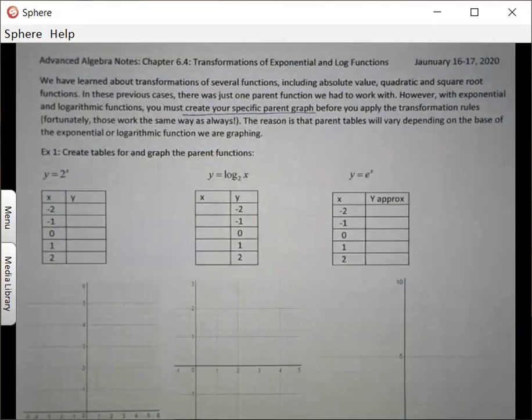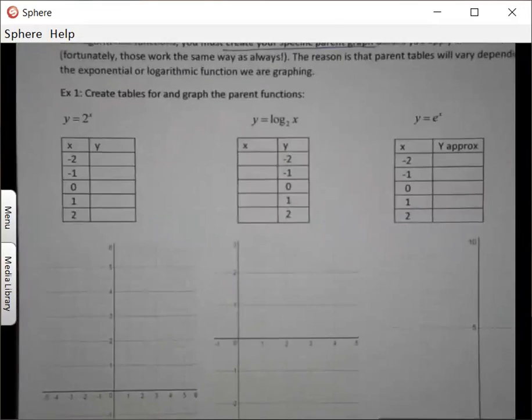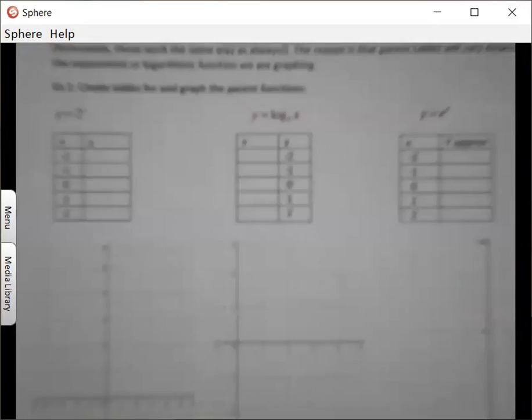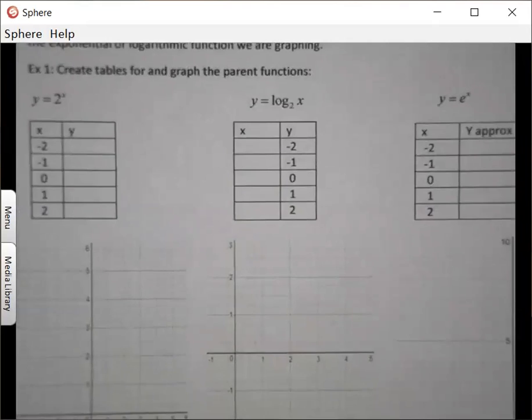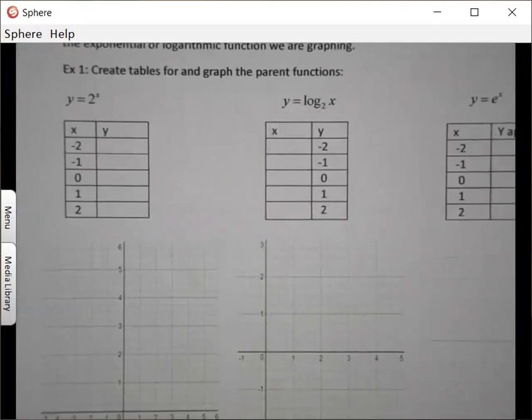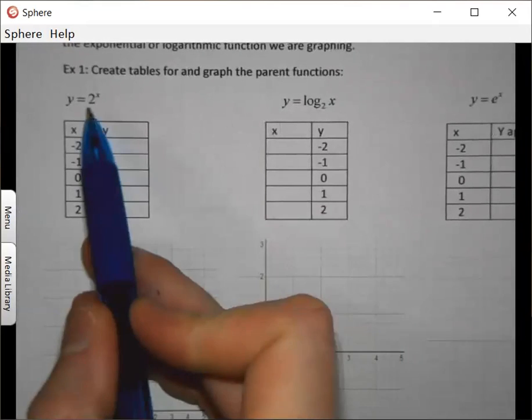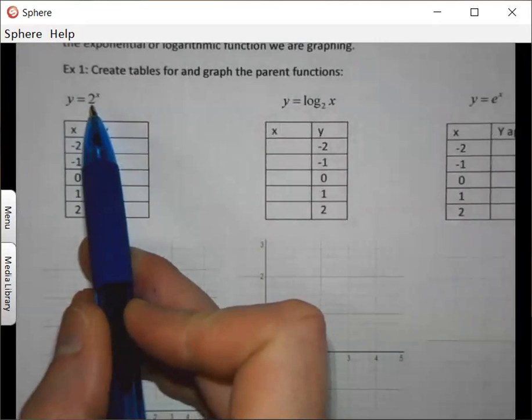The base is what is going to determine your parent function. So, for example, here we're going to create a parent function with a base of 2.